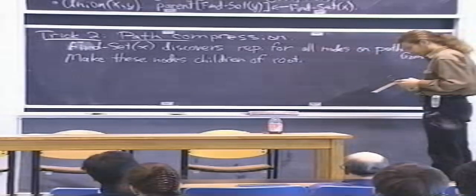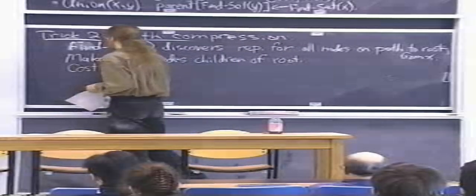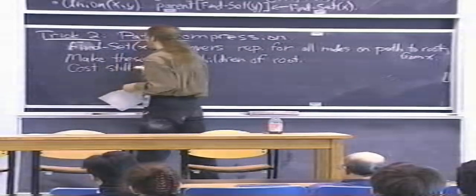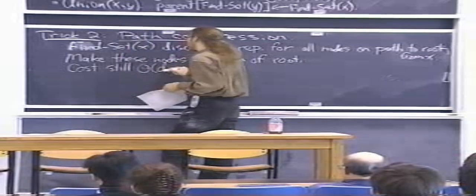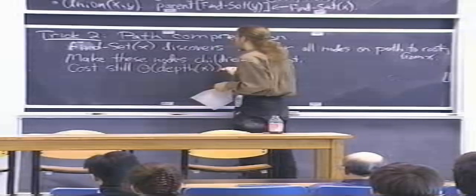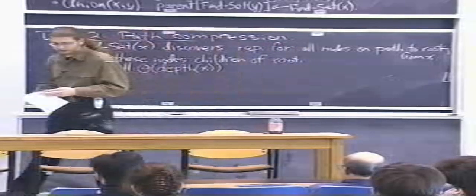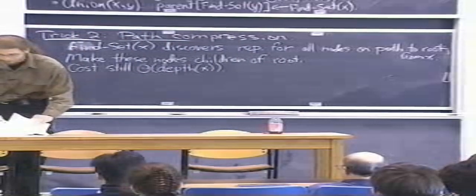And the point is the cost of this find is still proportional to the depth. We haven't made it worse, because it only takes twice as long to visit all those nodes again. And now we'd like to show that amortized, it does a lot better.